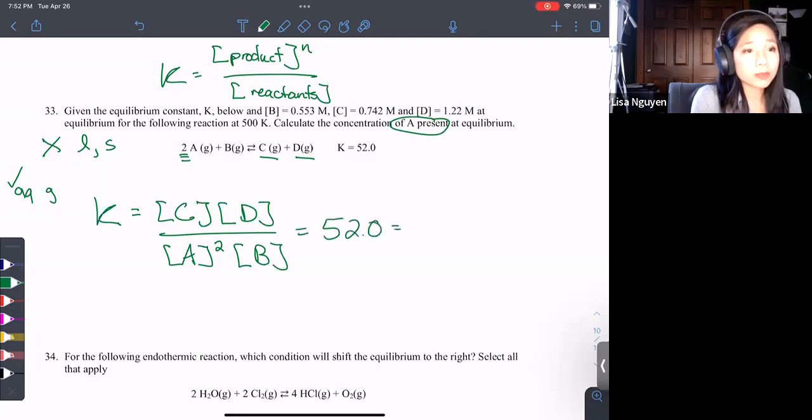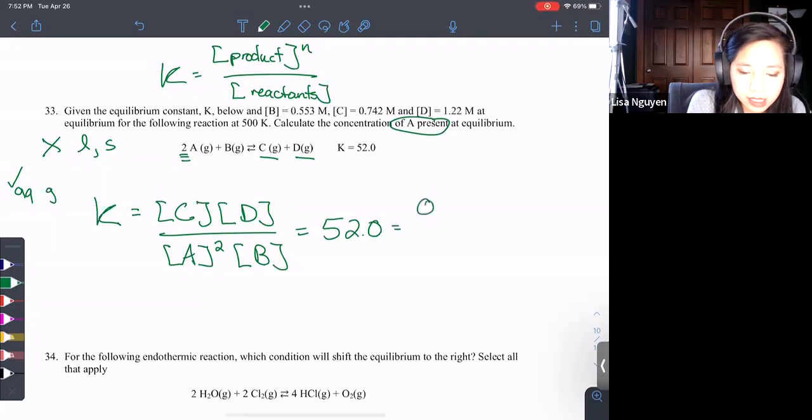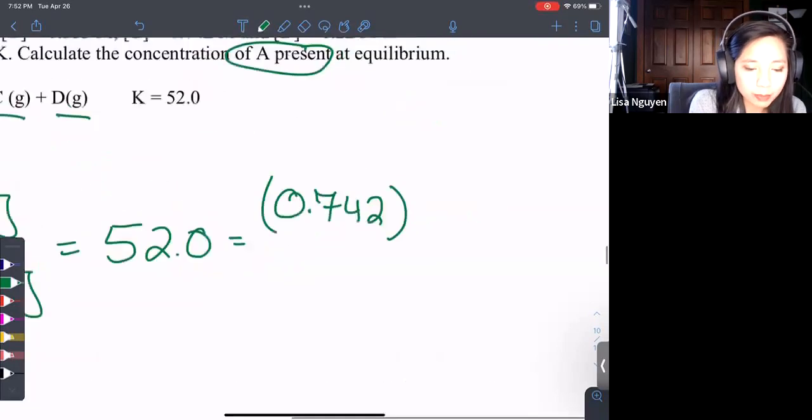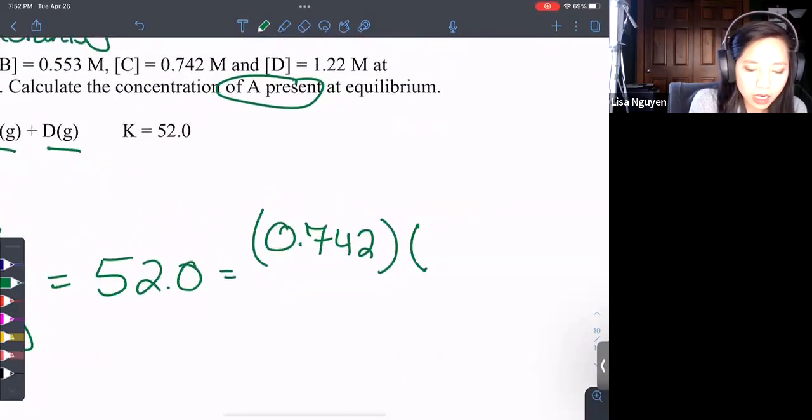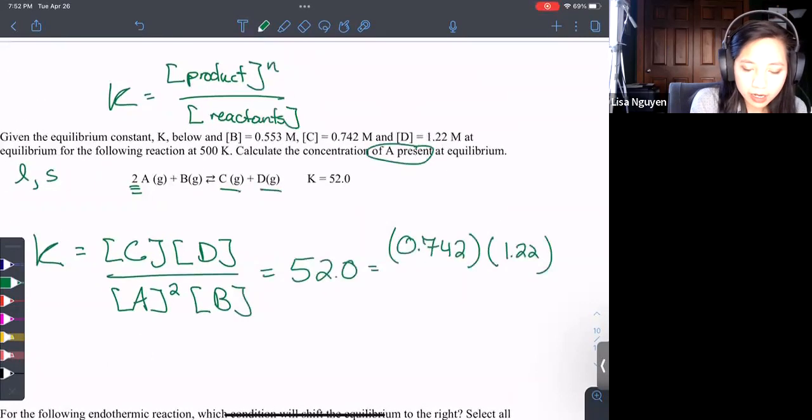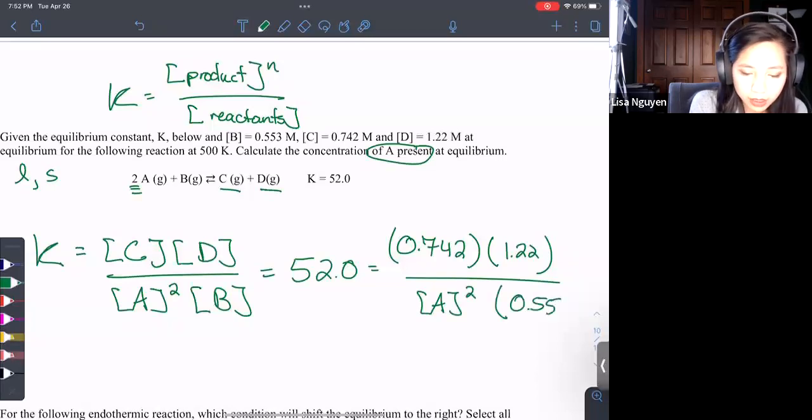Now let's plug in the numbers that we were actually given. So 0.742. Do note that K is unitless. I'm just going to drop the concentrations here. Times D, so 1.22 molarity. Okay, we are calculating A, so obviously you're not given A. That's what we're calculating. So A squared times the B value, 0.553.